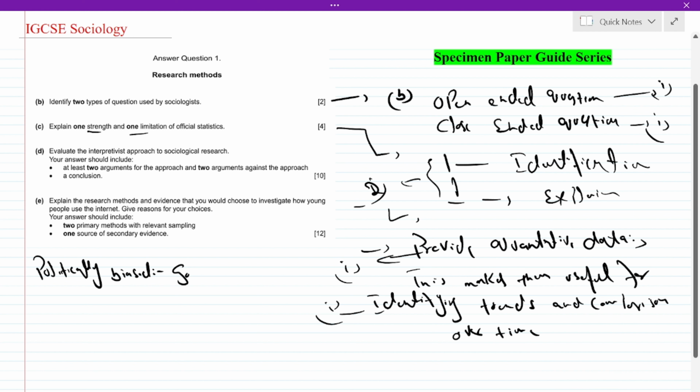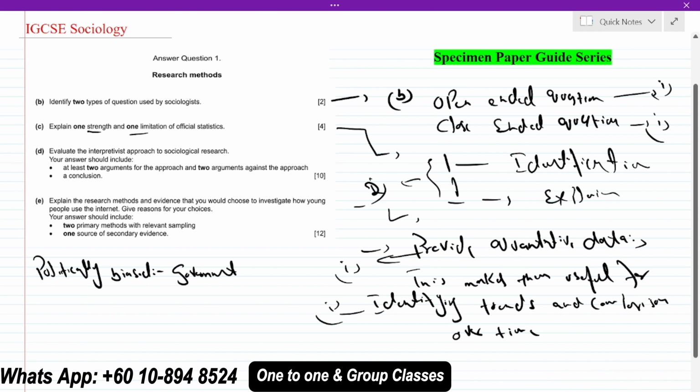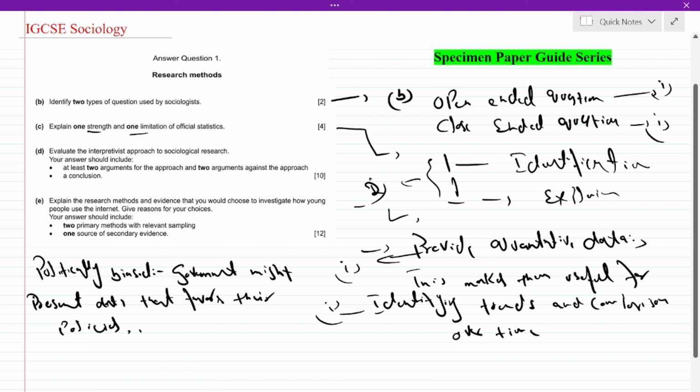So government might present data that favors their policies, making data less valid.